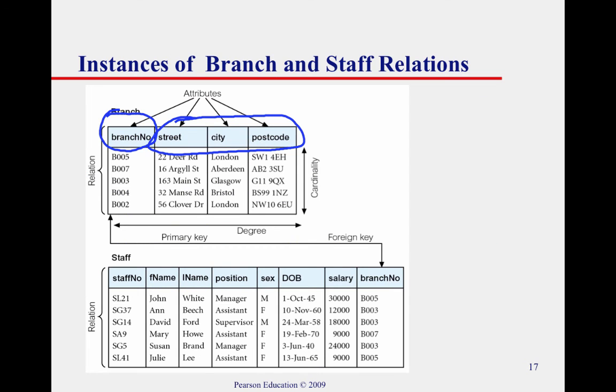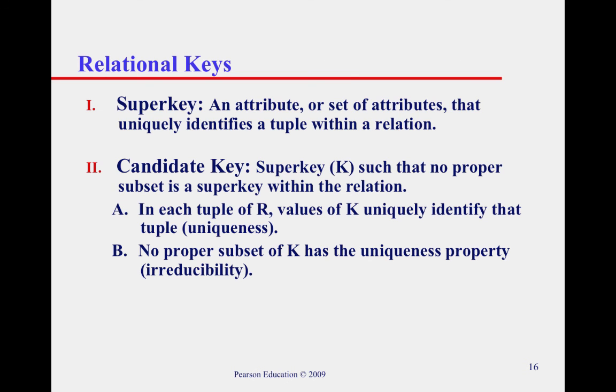So here, if no proper subset of street, city, and postcode can itself be a key, then those 3 attributes are a candidate key. Now, in general, from our candidate keys, we will choose a key that has the smallest number of attributes. So we choose branch number.